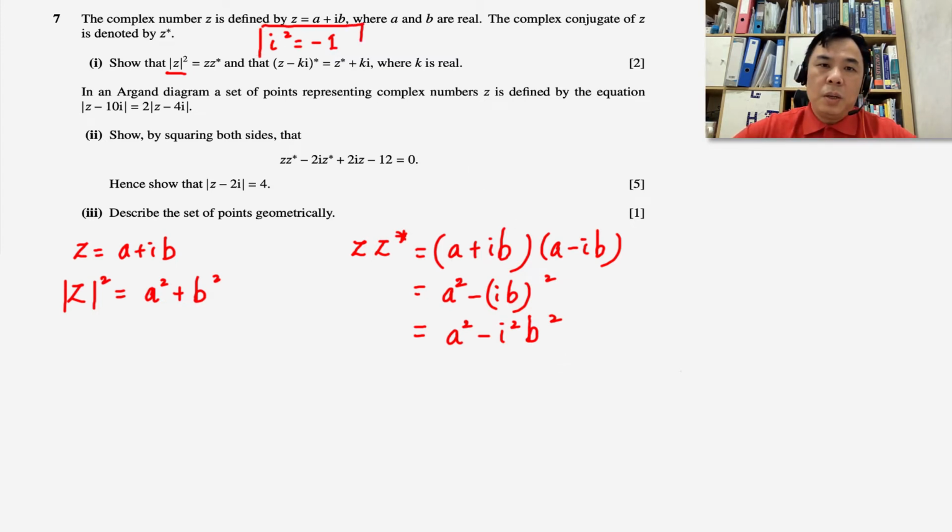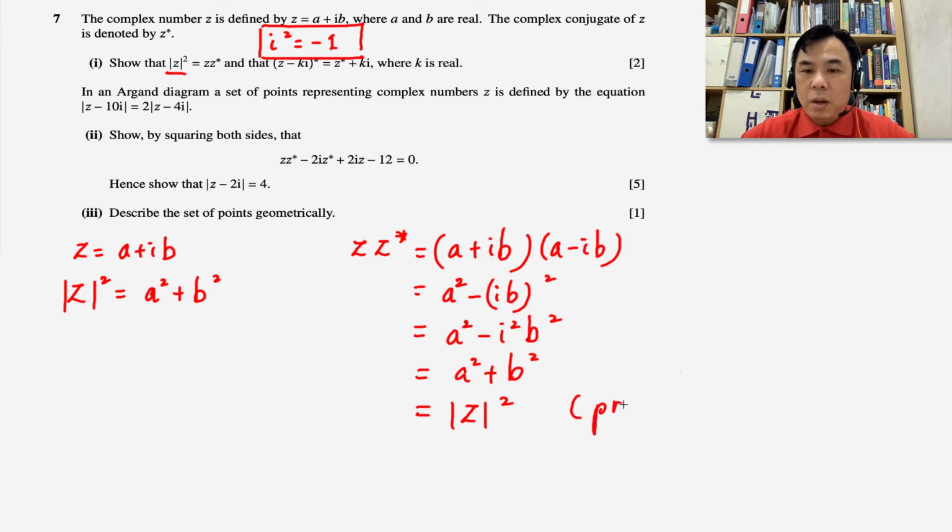I want to remind you again, i squared is negative 1. Therefore, this must be equal to a squared plus b squared. And guess what? This is exactly the same as the square of the magnitude of z. And there you have it. We have provided a proof for the first part. I hope that is clear.